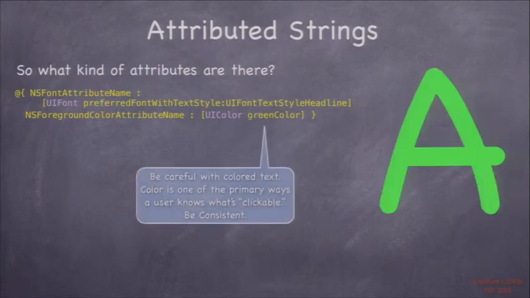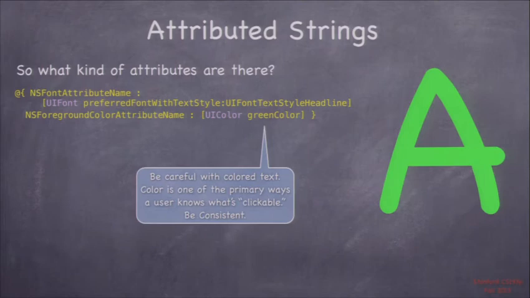Be a little bit careful when you create an attributed string that has colored text, because in iOS 7, the color of text sometimes is an indicator to the end user of what they can touch. Apps in iOS kind of have a color theme. The default is blue. That's why the buttons that we make in Machismo will be blue.